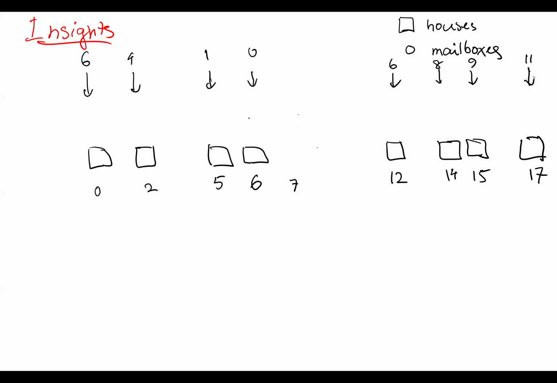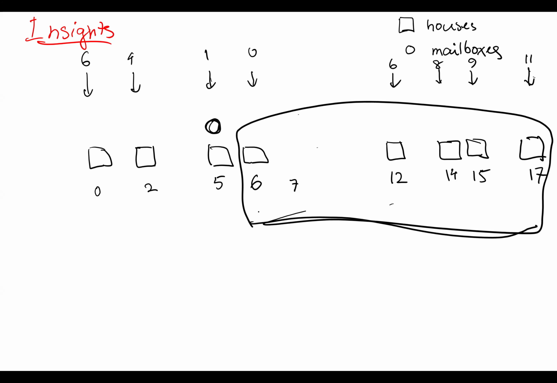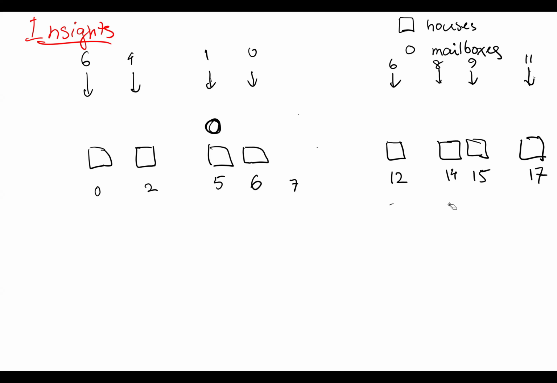So instead, let's move one step to the left. Now let's see how much we gain or lose. You see all these five houses now have an additional distance of 5. And these three houses actually gained.